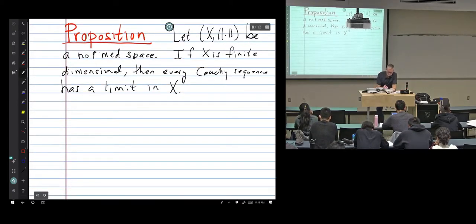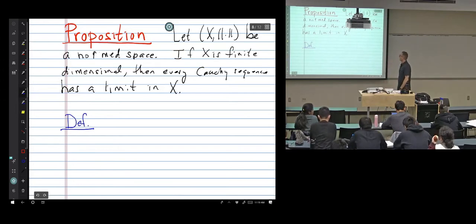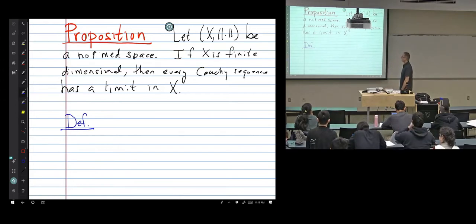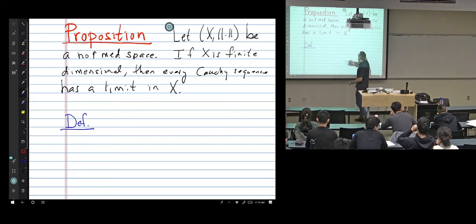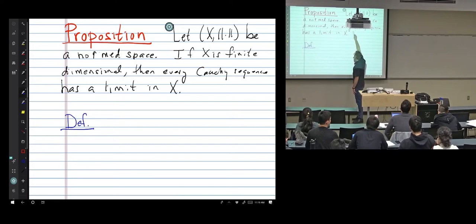Okay, so let's build on this with a definition. This handles all of the finite dimensional things. There are no finite dimensional counterexamples. All the Cauchy sequences have limits. And what I mean by that, if something has a limit, it's in the space you are working on, so it's not in something else.